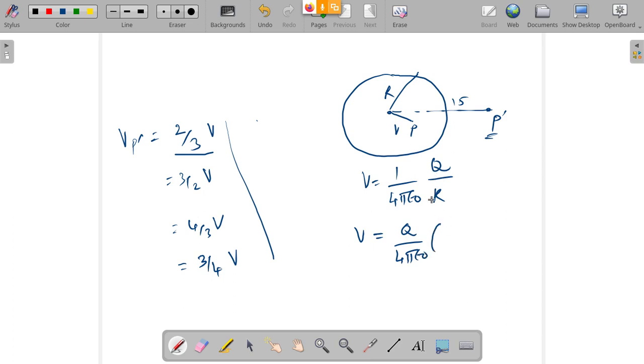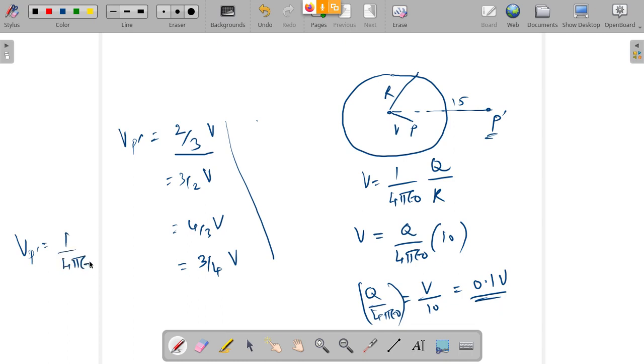What is this radius? It is 1 by R, and R is 0.1 meter, so 1 by 0.1 is 10. So Q by 4 pi epsilon naught is V by 10, or 0.1 V. Now if you know this term, you can directly plug it into the potential at point P prime, which is equal to 1 by 4 pi epsilon naught Q by R. Simple formula.